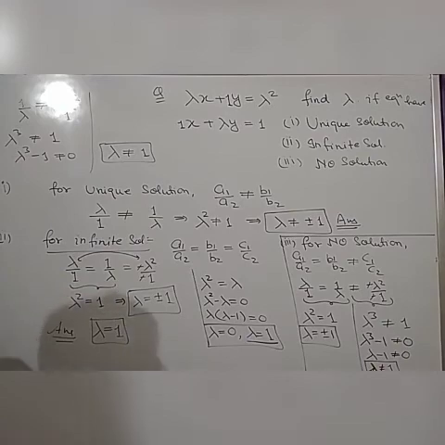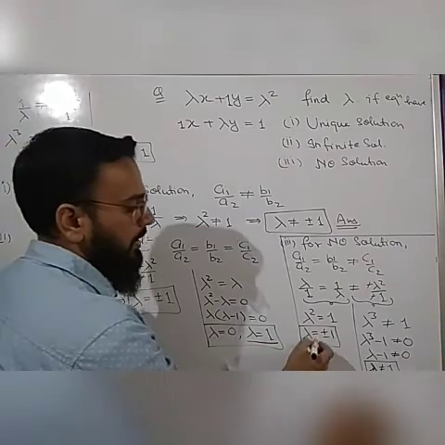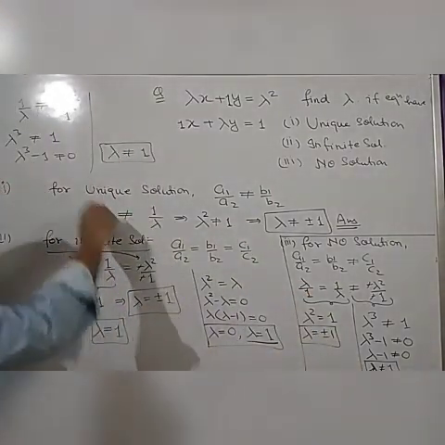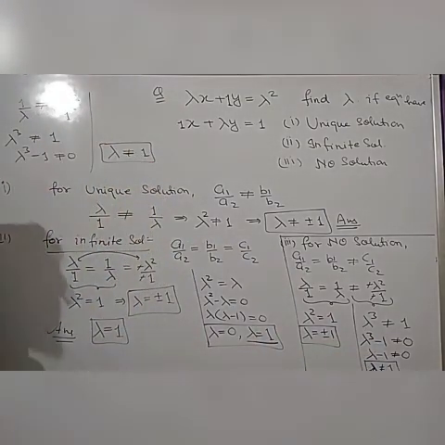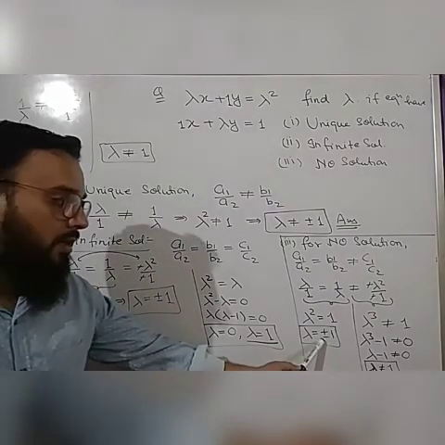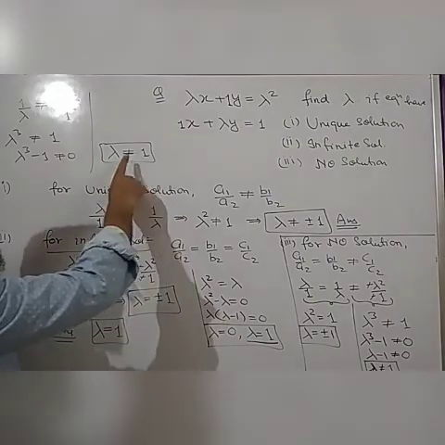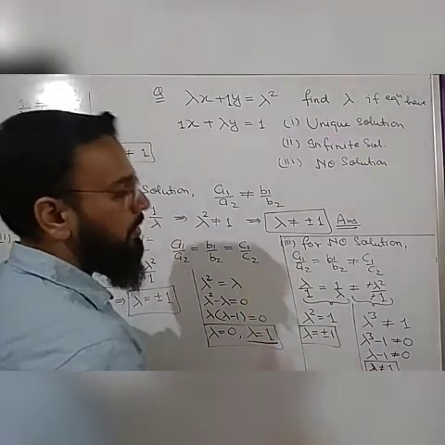Similarly, for no solution, here we are getting the first condition, lambda is equal to plus minus 1. But from the second condition, we are getting that lambda should not equal to plus 1. And from this condition, we are getting lambda is equal to plus minus 1. It means if lambda cannot be equal to plus 1, then lambda should be equal to minus 1.